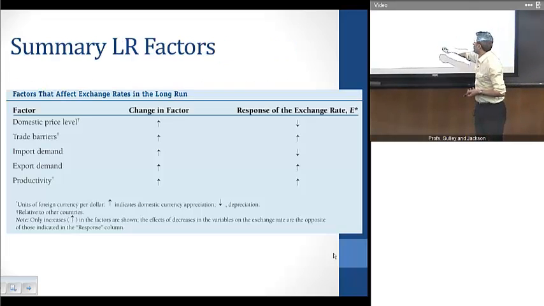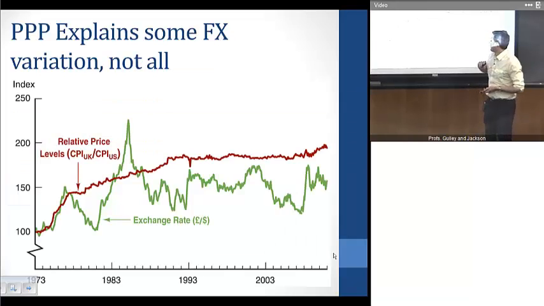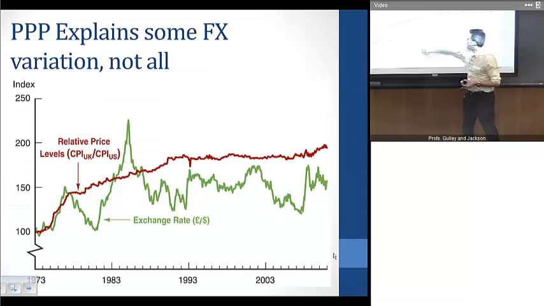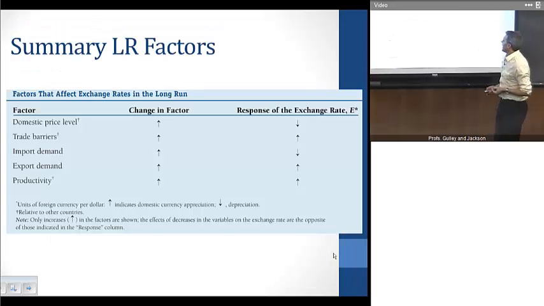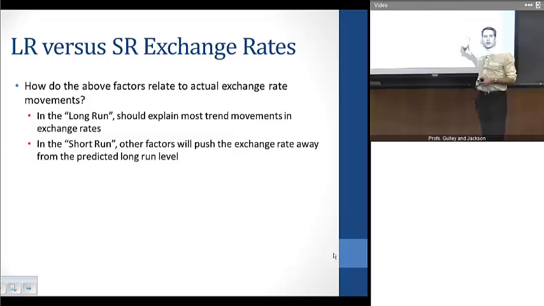In this slide that we looked at right here, you can see that the green exchange rate line in some ways sort of trends and tracks up a little bit relative to that red line. But there's other things going on behind the scenes that are obviously impacting it too. And so there's also shorter-term impacts that are going to be driving exchange rate differentials between countries and moving those exchange rates in different ways.